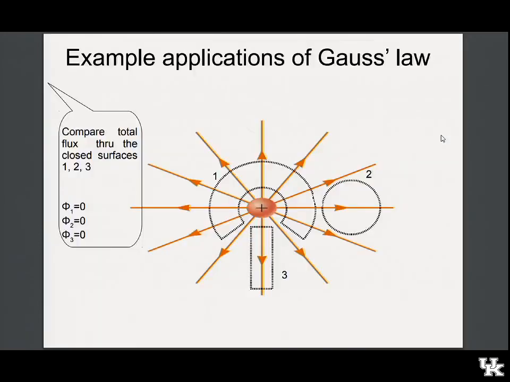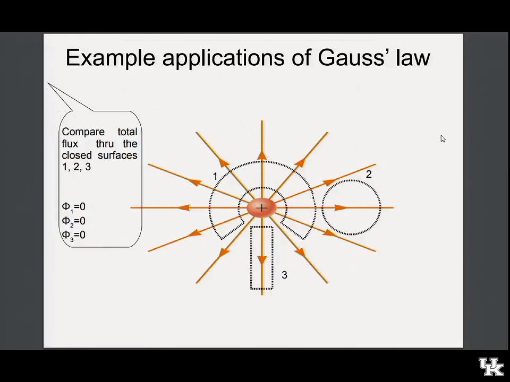Okay, let's look at an example of Gauss's law. I've got a couple of qualitative ones, and then we'll look at a quantitative one. So here's our point charge, plus Q. And here in tangerine is the surrounding electrical field. We're seeing the field lines.